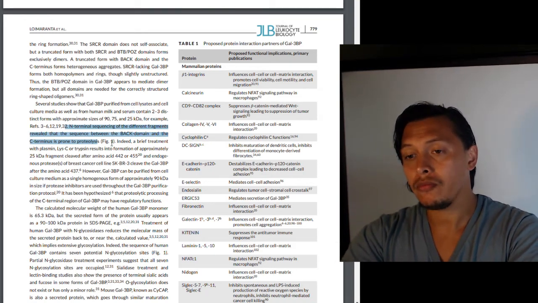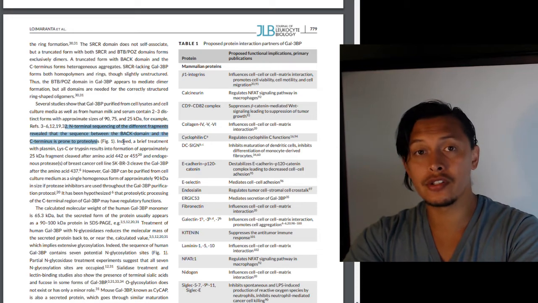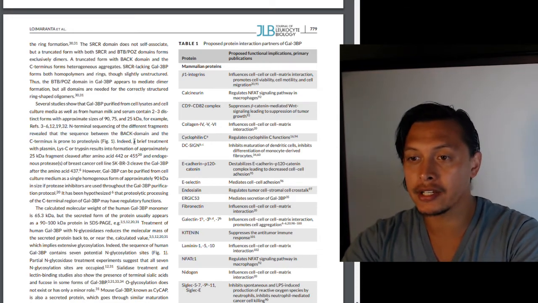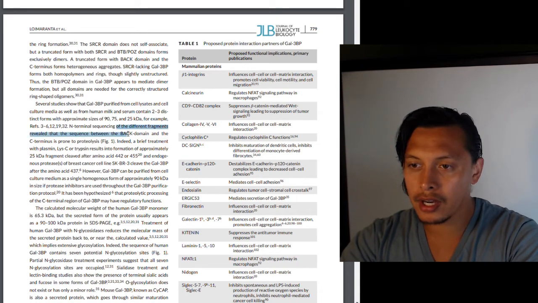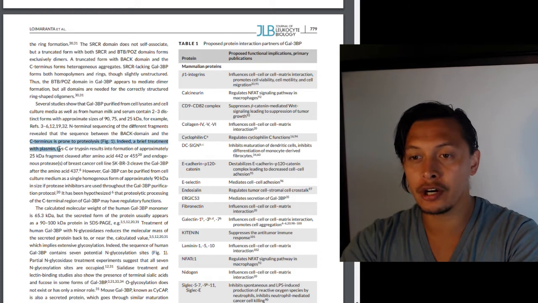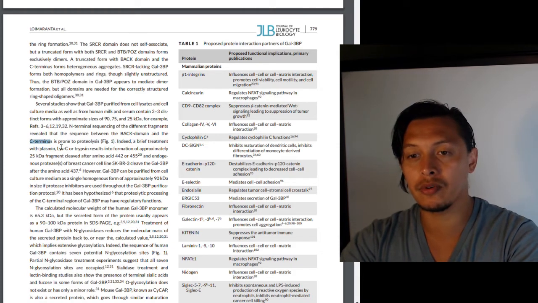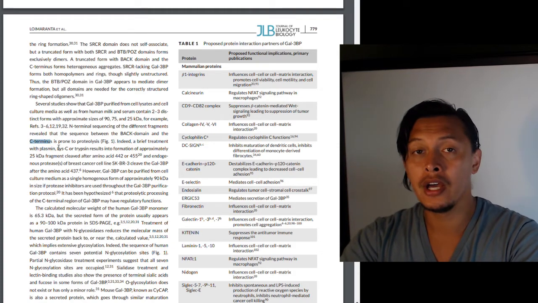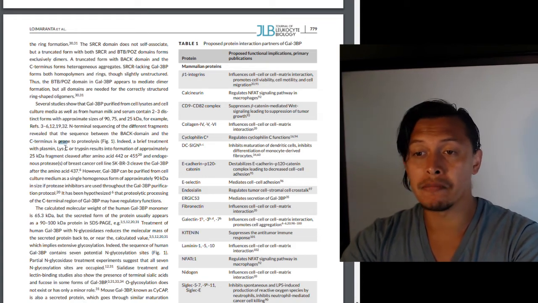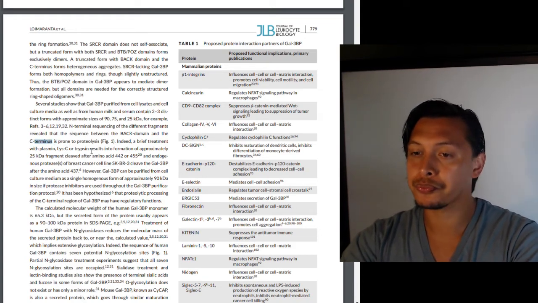So with that, just know that there is this pretty common cleavage site between the BACK domain and this C terminus. And they call it the C terminus because they haven't figured out what type of domain it is yet. So it might not even be that well structured.